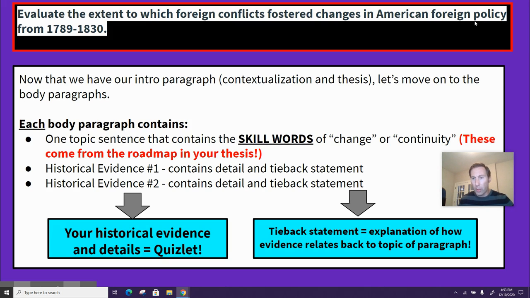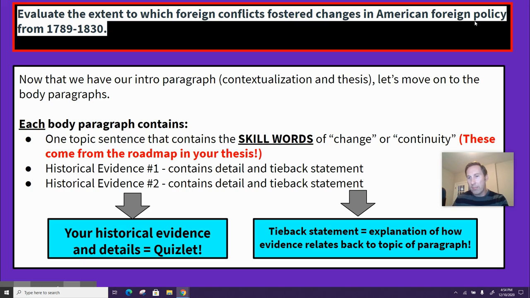And when you do your paragraph structure, you want to sort your evidence within each paragraph in chronological order, so you can see that change, so you can see that continuity over time. Now, when you're choosing evidence, I recommend using Quizlet terms, or specific proper nouns if you can, events or specific people that are specific to that time period.